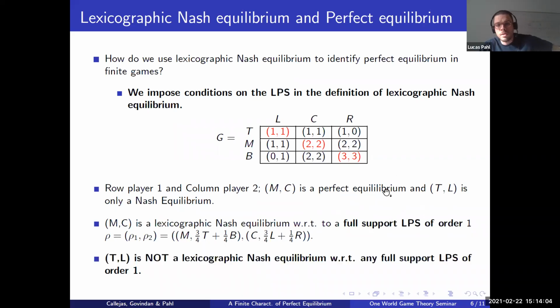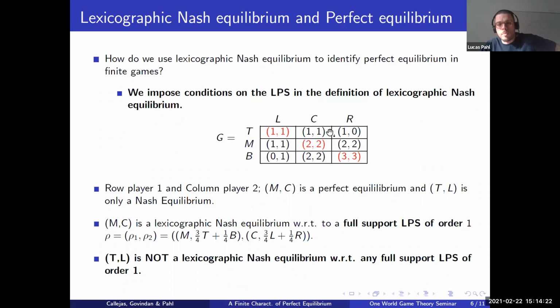But the interesting thing, and simple also to note, is that TL is not a lexicographic Nash equilibrium with respect to any full support LPS of order 1. And this you can see because T is weakly dominated by M here, right, for the row player.